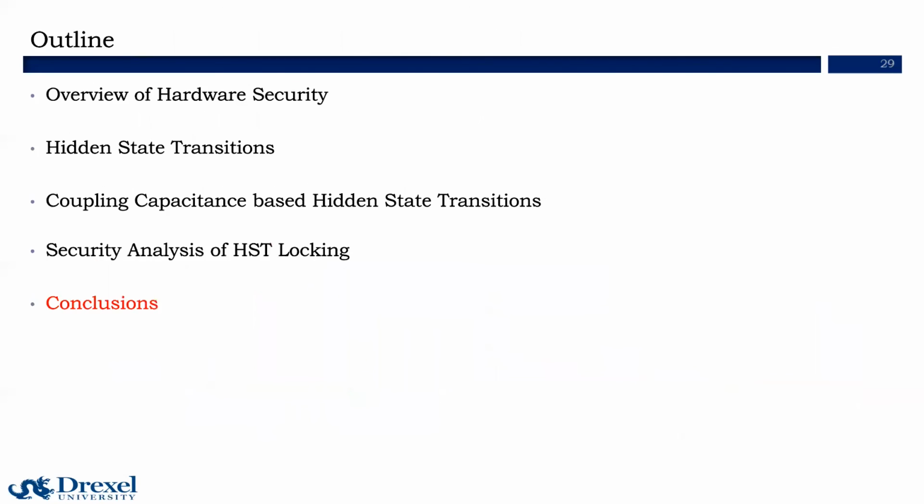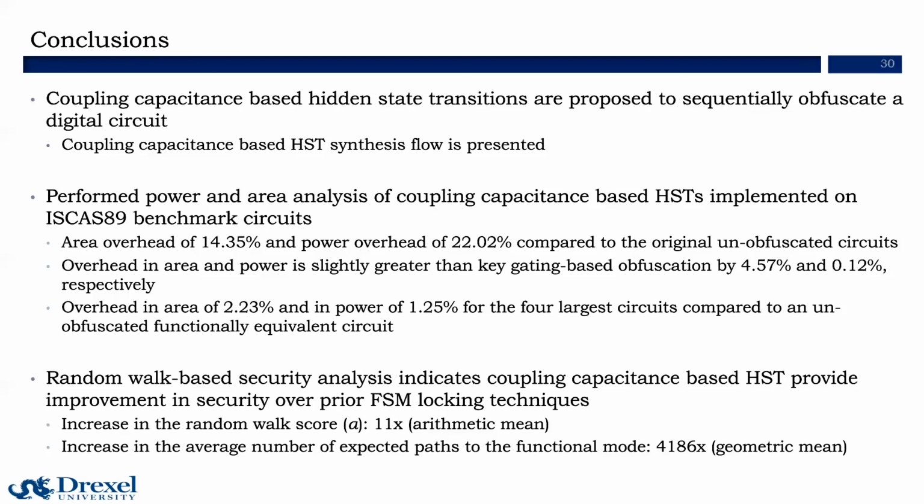So, in conclusion, a coupling capacitance-based hidden state transition and synthesis flow is proposed to sequentially obfuscate a digital circuit. A power and area analysis is performed, showing an area and power overhead of 14.35% and 22.02% respectively, and 2.23% and 1.25% when considering only the 4 largest circuits.